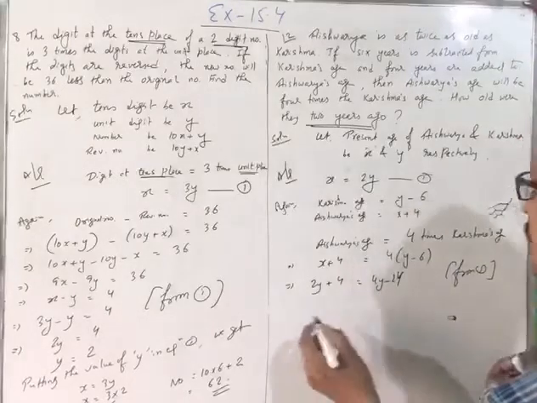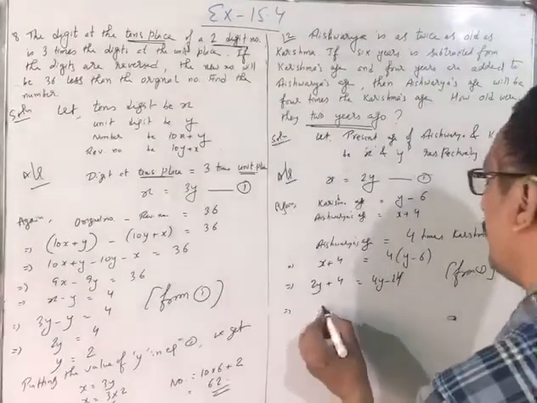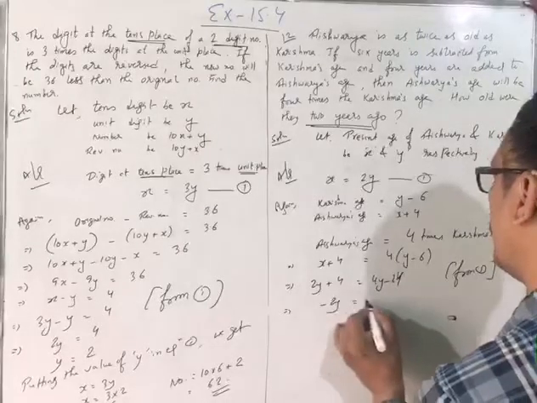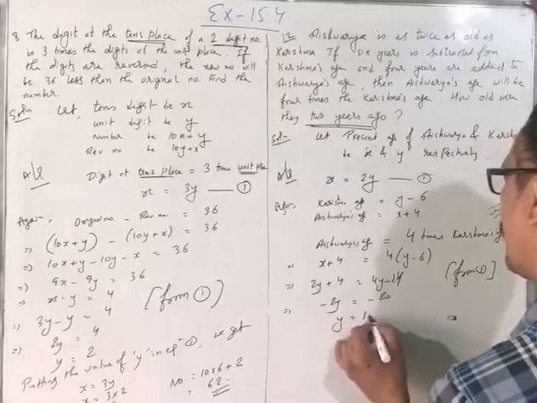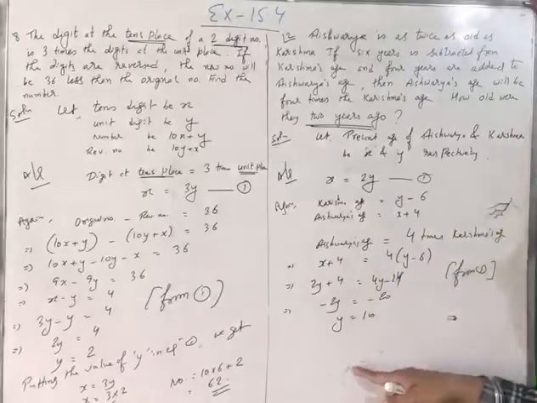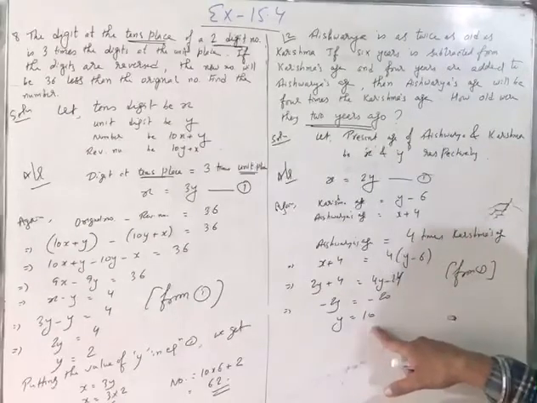By solving, you get minus 2y equals minus 20, so y equals 10. So y gives the age of Karishma. The present age is 10 years.